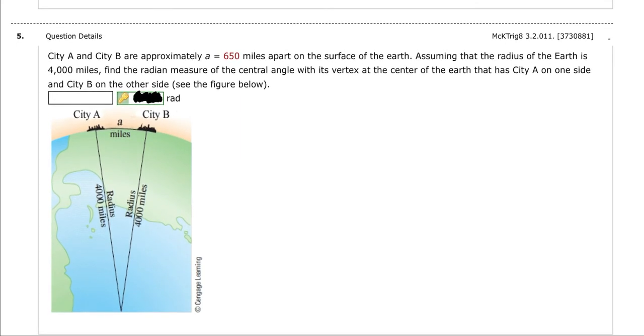All right, here we have 2 cities that are separated by a certain number of miles. And we have the radius of the Earth, which is 4,000 miles. And so the question is asking us to find the radian measure of the angle that's in between, the central angle, essentially. So same thing, theta is equal to s over r. S is the arc length given by this distance, which is given to us as 650, divided by the radius, which is 4,000 miles.